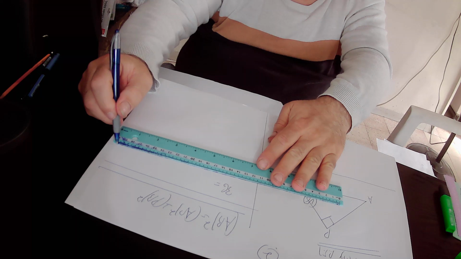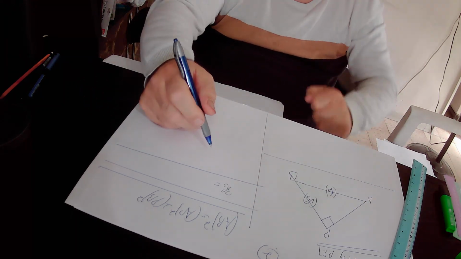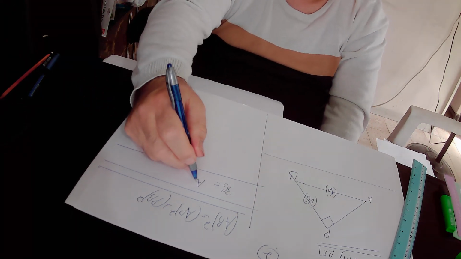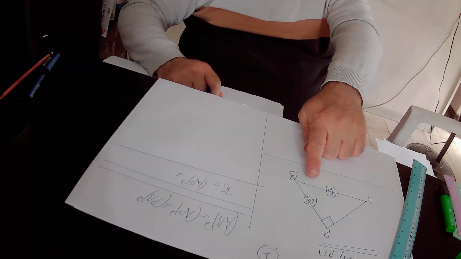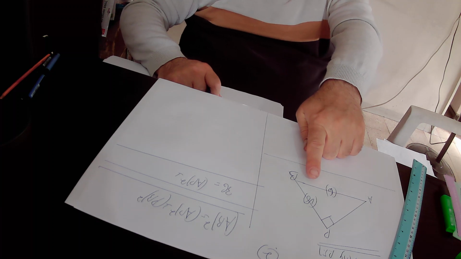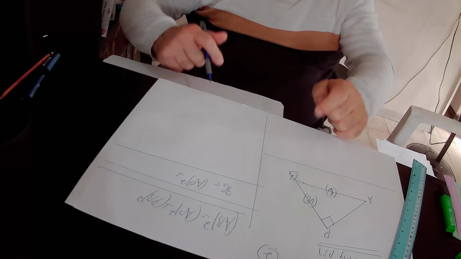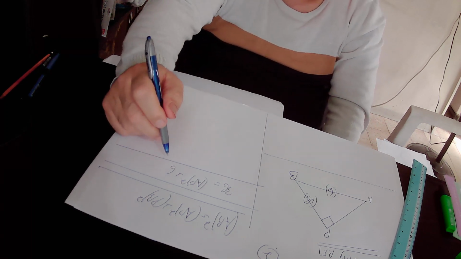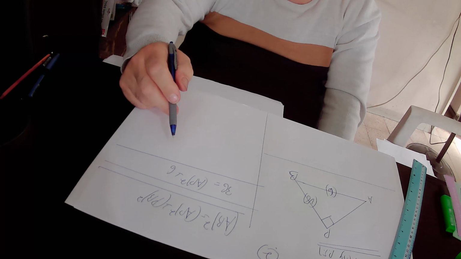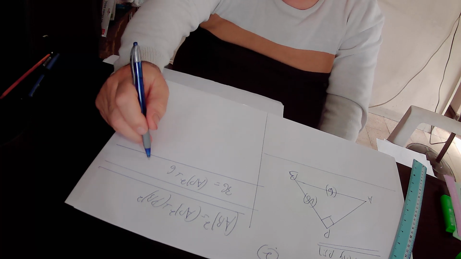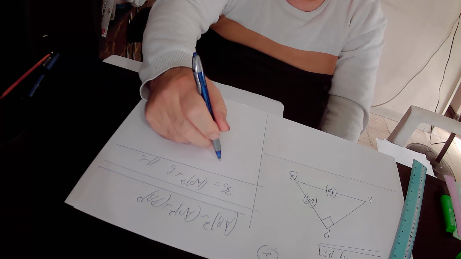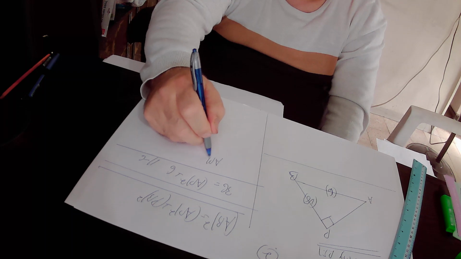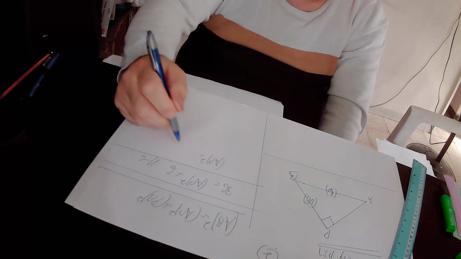And it equals AP squared, AP is the missing side so we leave it as it is, plus PB squared. PB equals the square root of 6, so PB squared is 6. So in total, 36 equals AP squared plus 6. We subtract 6, finding that AP squared equals 36 minus 6, which is 30.